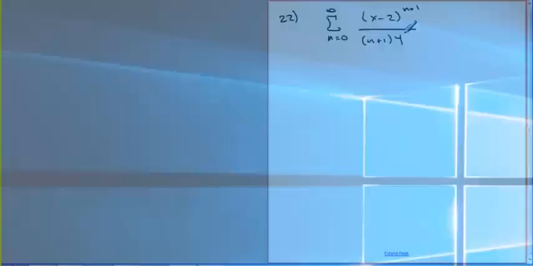So we have the summation from n equals 0 to infinity of x minus 2 to the n plus 1 divided by n plus 1 times 4 to the n plus 1.